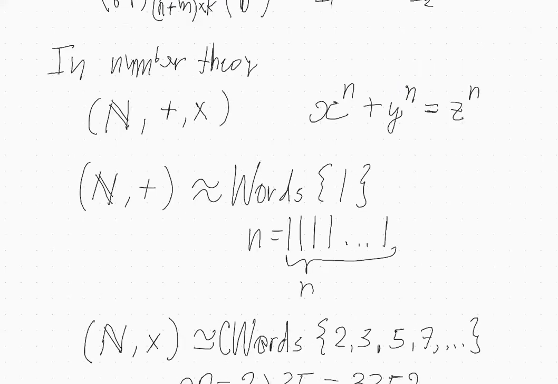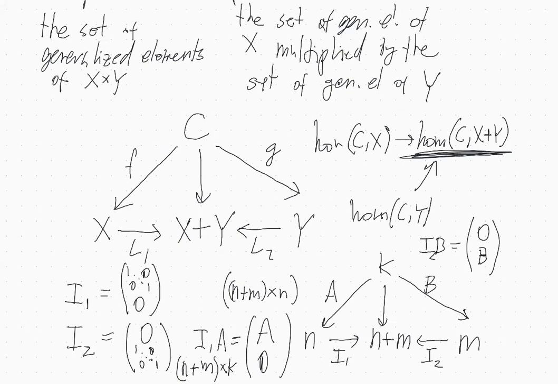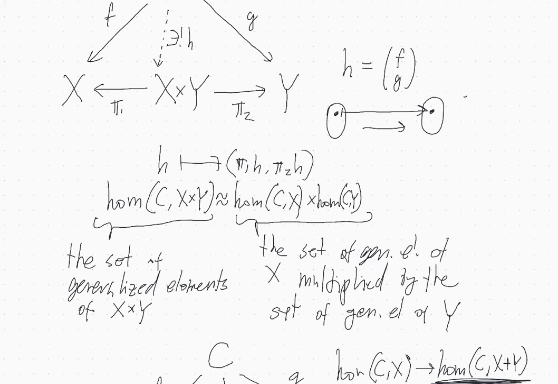And of course, if it didn't, then if it was easy to work with these things abstractly, then in the concrete case, it would have been easy to work with them as well. And so that's the phenomenon, basically, that the generalized elements of product classify, allow us to see product as a Cartesian product. But on the other hand, the same generalized elements do not allow us to see sum as disjoint union.